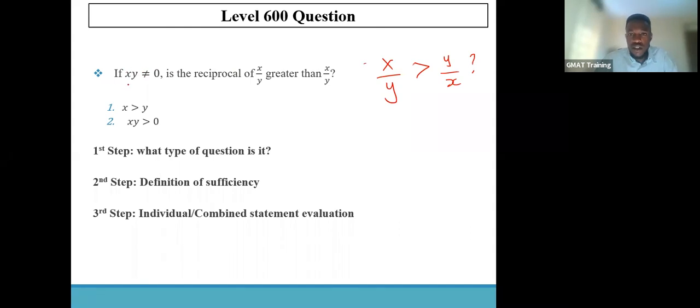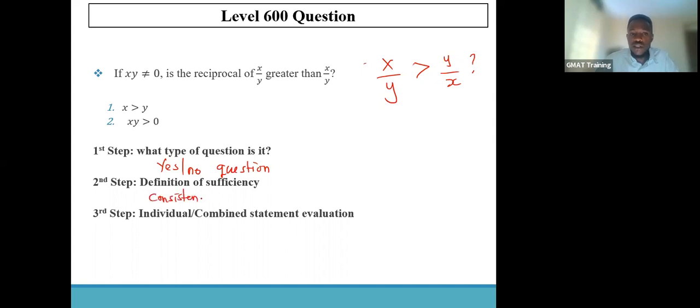Okay, so from that we can look at the first step, which is to define the type of the question. Since it's asking us, is this value greater than this one, it's a yes or no question, which means that our definition of sufficiency is such that a sufficient statement is one that responds to the question stem consistently.